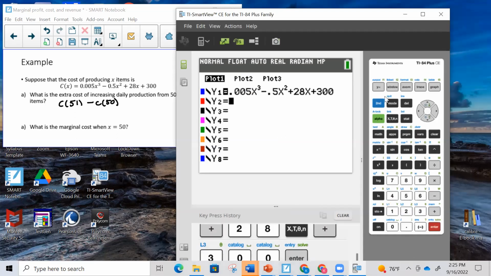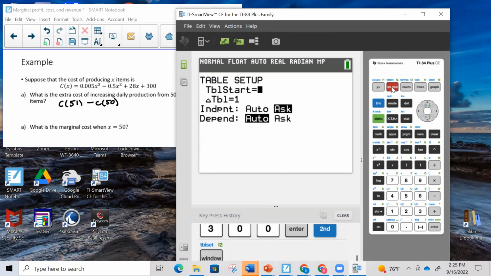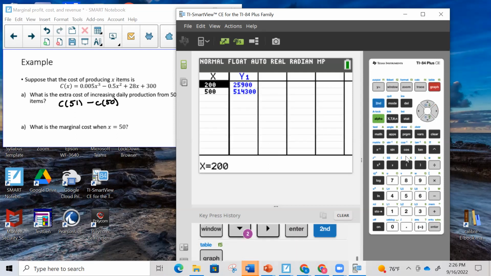So then the easiest way usually is to go to table, but first go to second table set and make sure that the independent is on ask. If it's not, go to ask and hit enter, and then hit second graph for table, and then type in the values you want. So I'm going to type in 51, and I'm going to type in 50.